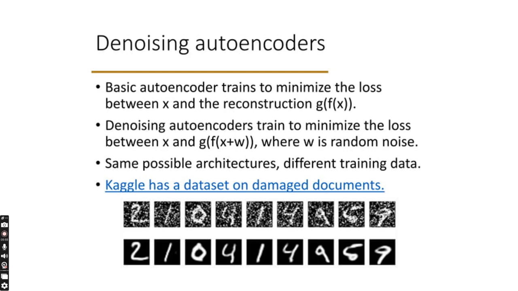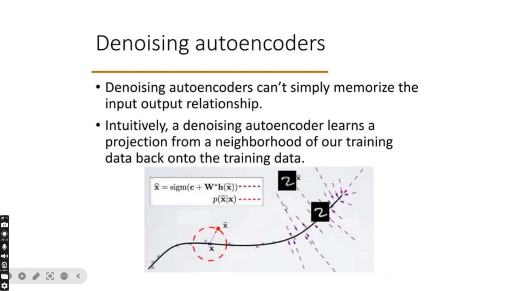So the basic autoencoder just reconstructs. The denoising autoencoder cannot simply memorize the input-output relationship. It learns a projection from a neighborhood of training data back to the training data. That is the denoising autoencoder.